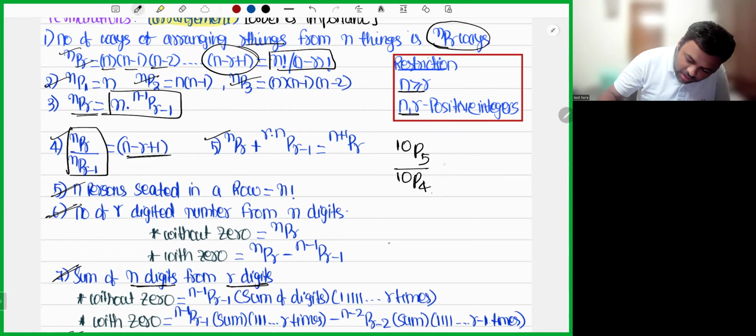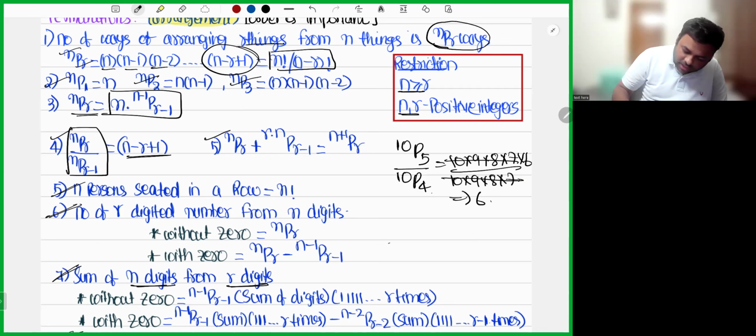What is 10P5? 10 into 9 into 8 into 7 into 6. 10P4, 10 into 9 into 8 into 7. Cancel. What is left? 6 is left. Instead, the formula is telling n minus r plus 1. 10 minus 5 plus 1, it will also give you 6. Okay. Just a formula which you can remember.